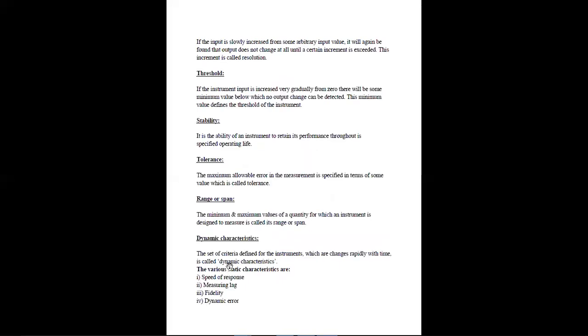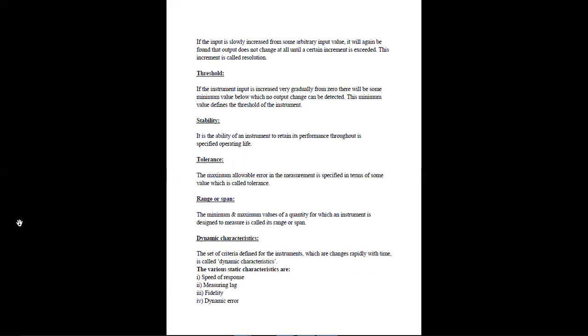Next one is resolution. If the input is slowly increased from some input value, it will be found that the output does not change at all until a certain increment is exceeded.